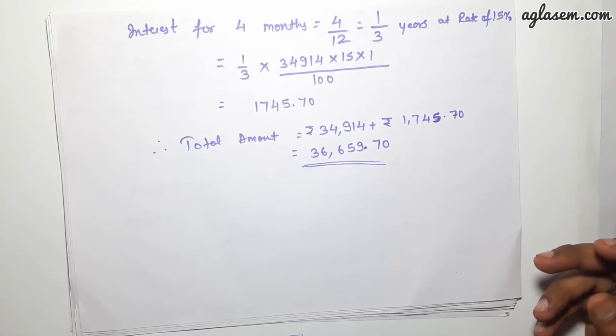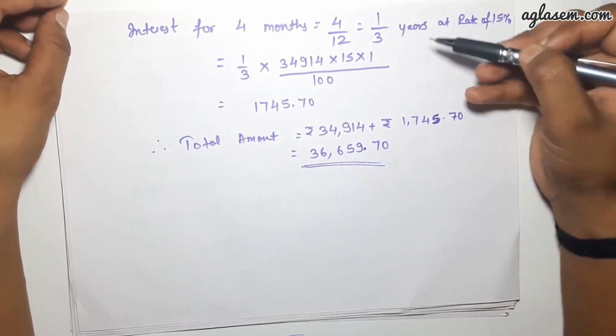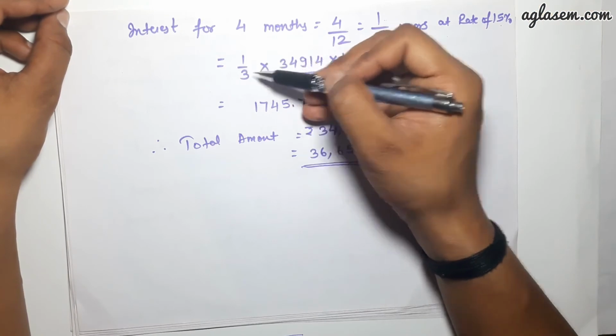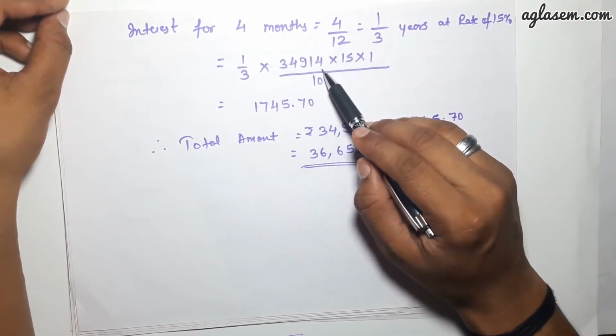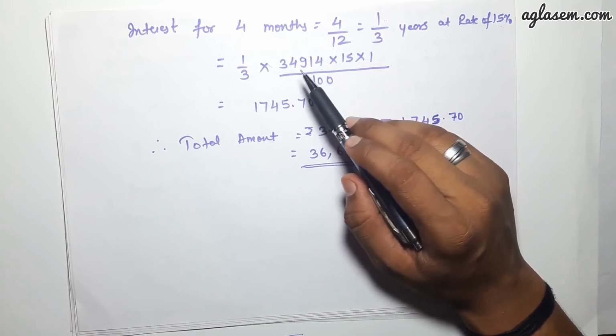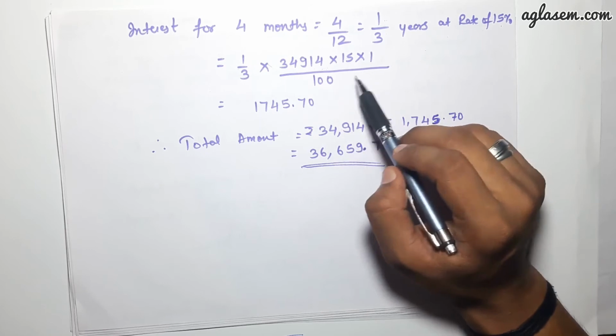34,914. Interest for 4 months is 4 upon 12, which is 1 upon 3 years at the rate of 15%, which is 1 upon 3 into 34,914, that is the amount we calculated earlier, into 15 into 1 upon 100.